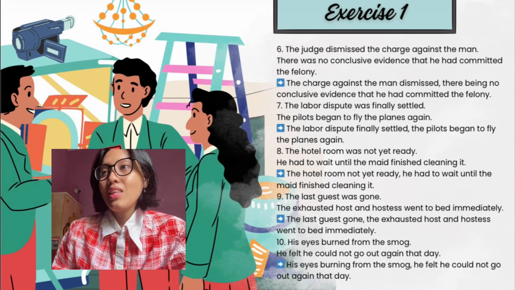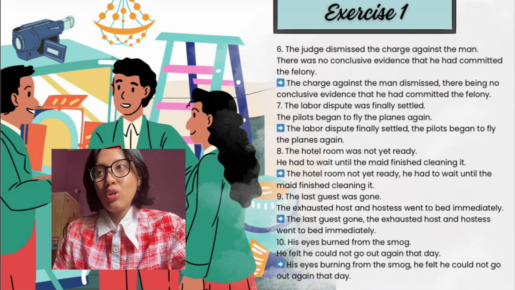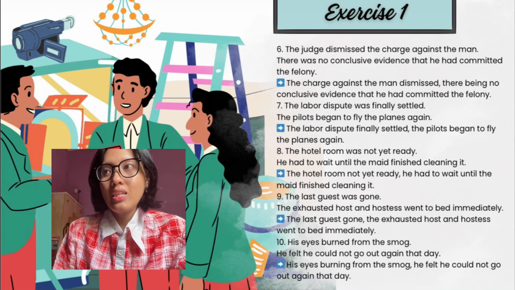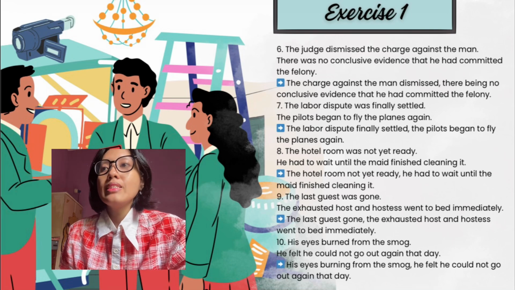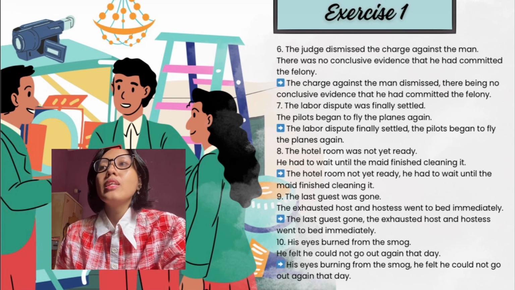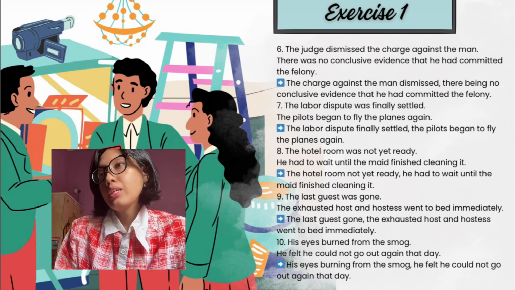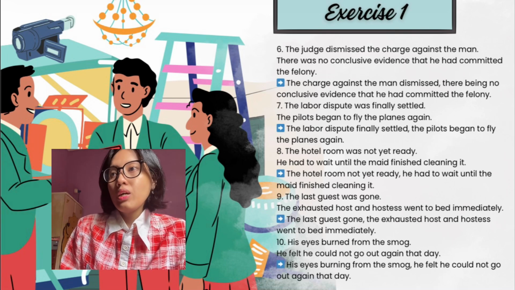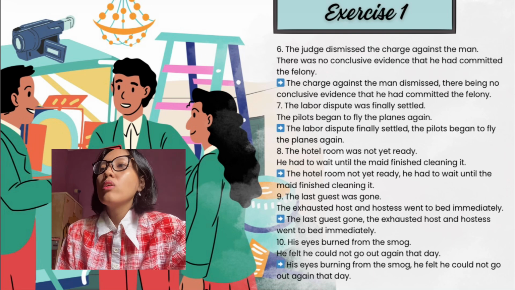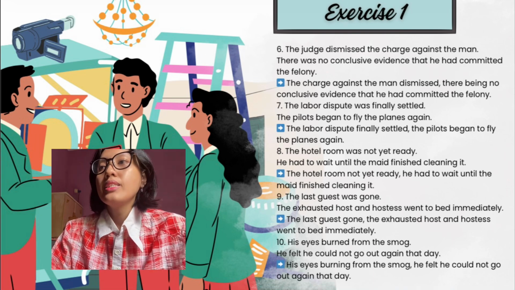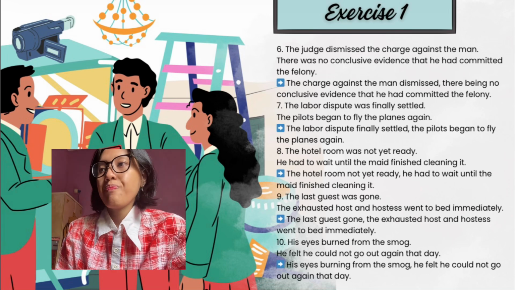Number 6, the judge dismissed the charge against the man. There was no conclusive evidence that he had committed the felony. The charge against the man dismissed, there being no conclusive evidence that he had committed the felony.